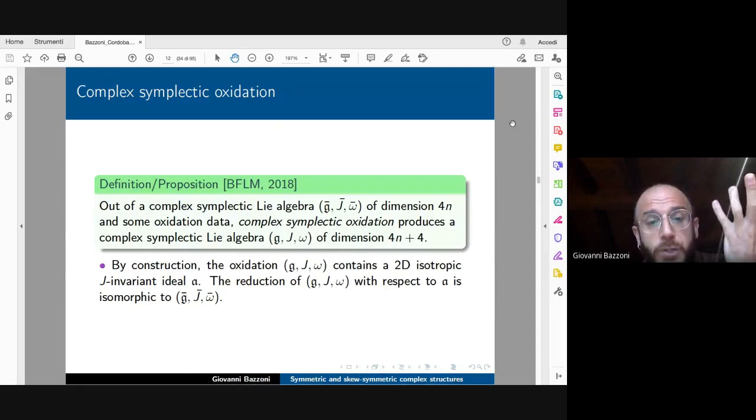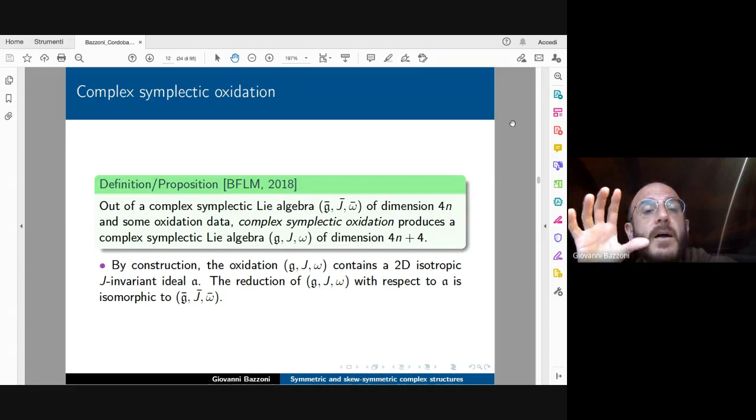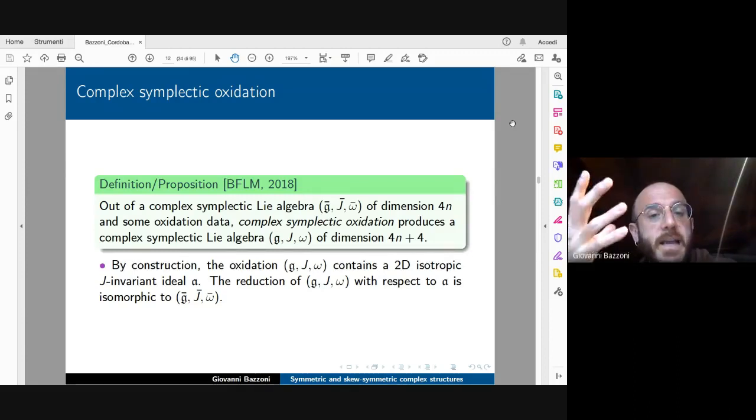And by construction, this oxidation contains a 2-dimensional isotropic J invariant ideal A. So you are in the position of reducing G, J, omega with respect to this ideal A, and as one would hope, the reduction of G, J, omega with respect to this ideal gives again G bar, J bar, omega bar. Okay, so in this sense, a reduction inverts oxidation.